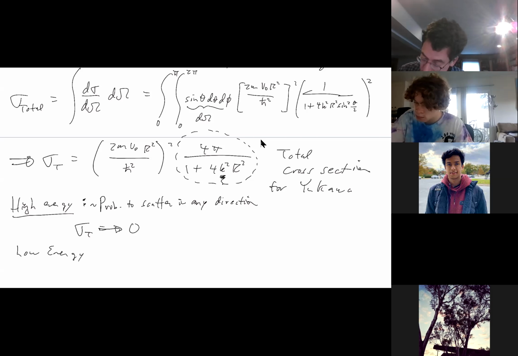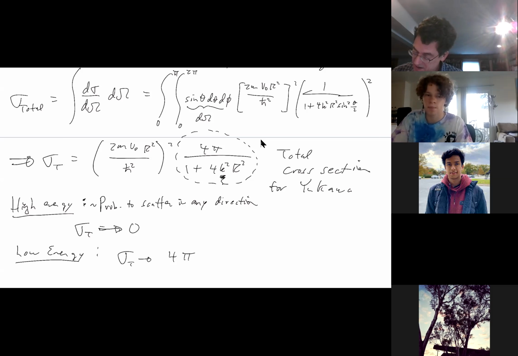But at low energy, then you have something different. At low energy the cross section goes to this, and so this bottom part turns into 1. And so then you end up with sigma goes as 4 pi times this quantity squared, 2m v naught r squared over h bar squared.